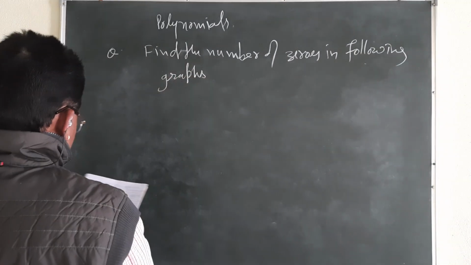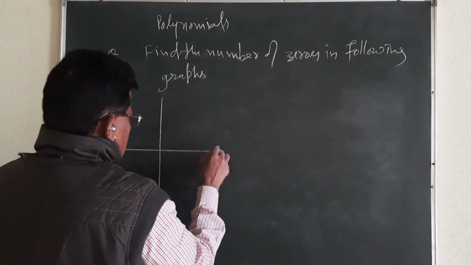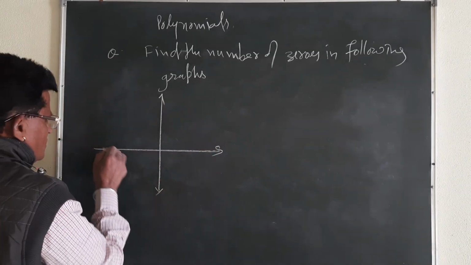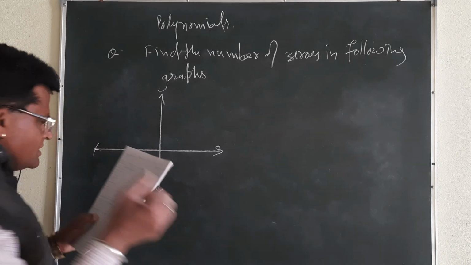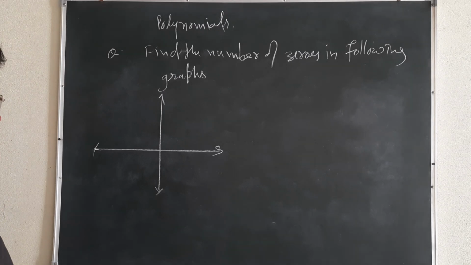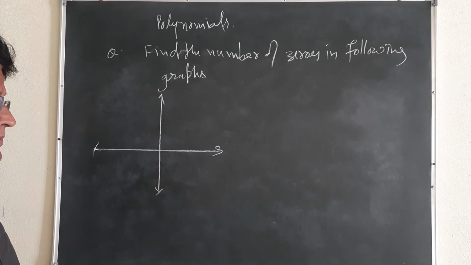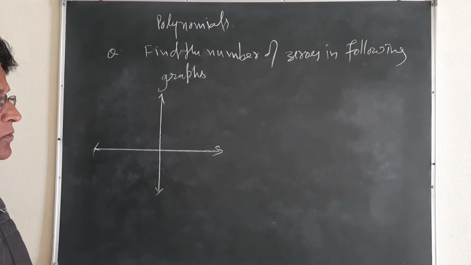I will discuss the different graphs I am just going to draw. My dear student, you also see, and you will tell how many zeros will be there for this graph, because I have collected the very important questions from the different sample papers which are very important for you.